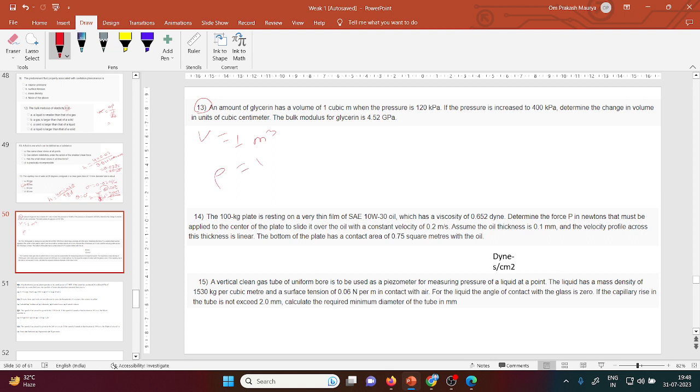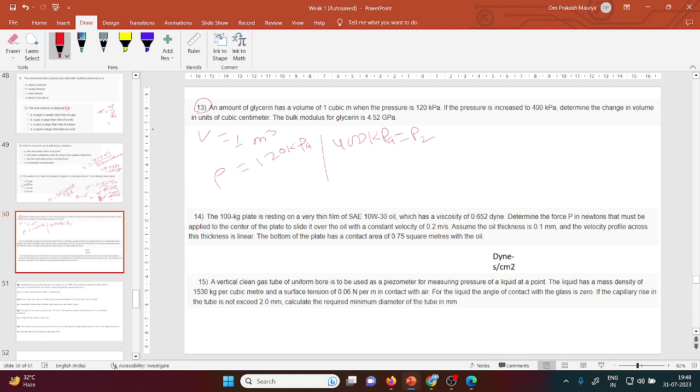Then the pressure increases to 400 kilopascal, that is the P2 value given here. Determine the change in the volume.